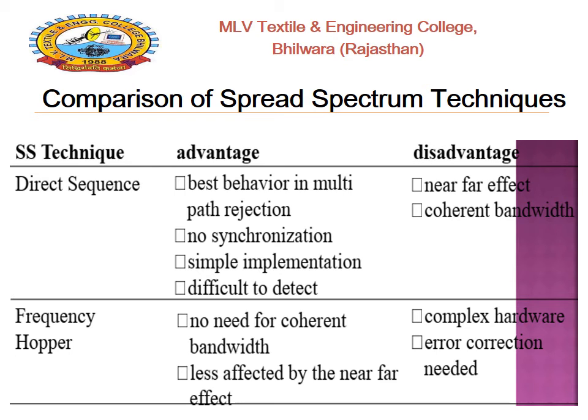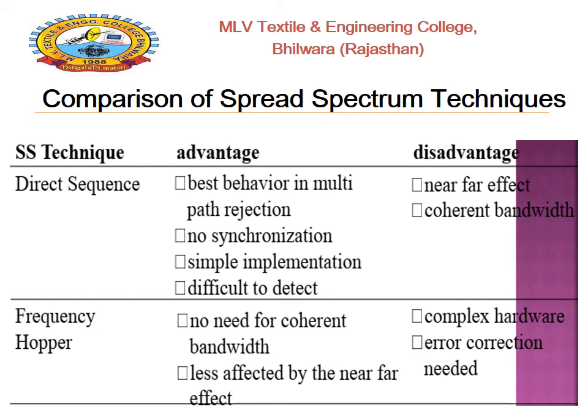Difficult to detect means that it provides a coded form or proper encryption. There is no way for another user in the communication channel to interfere. So it provides particular encryption, particular coding, and security in spread spectrum technology.